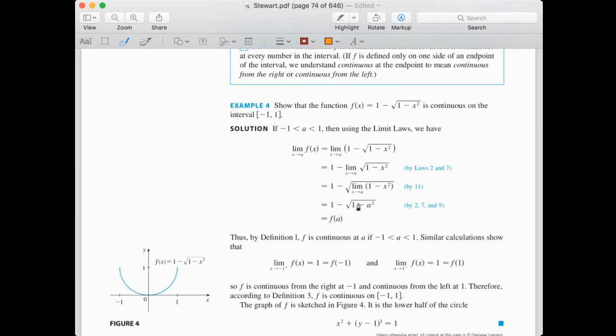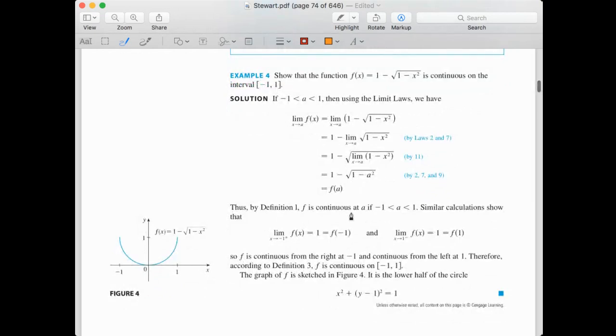And what is this? This equals f of a, right? F of a, just substituting x with a. Then, by definition, f is continuous at a if a is in the interval from -1 to 1.